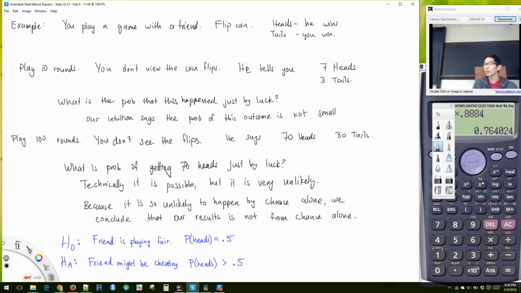The fact that 7 heads is a likely outcome from chance alone doesn't prove that he's playing fair, but it's not enough for us to say he's cheating. On the other hand, getting 70 heads out of 100 flips, that seems quite incredible.